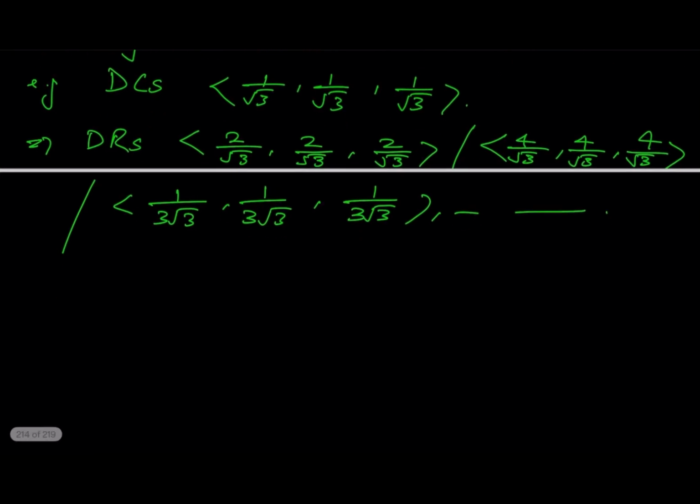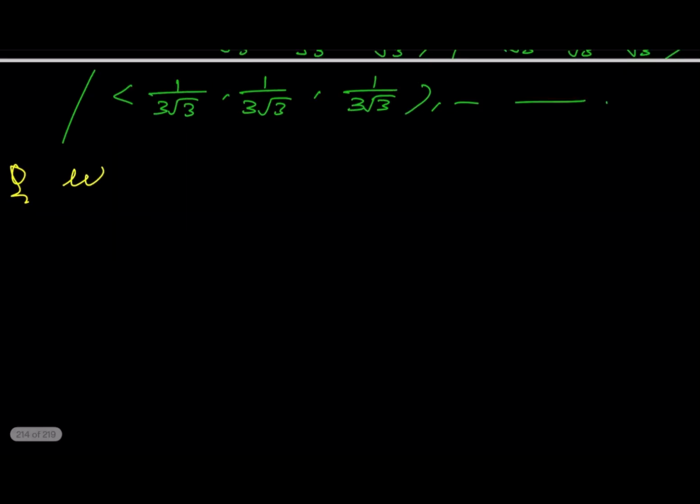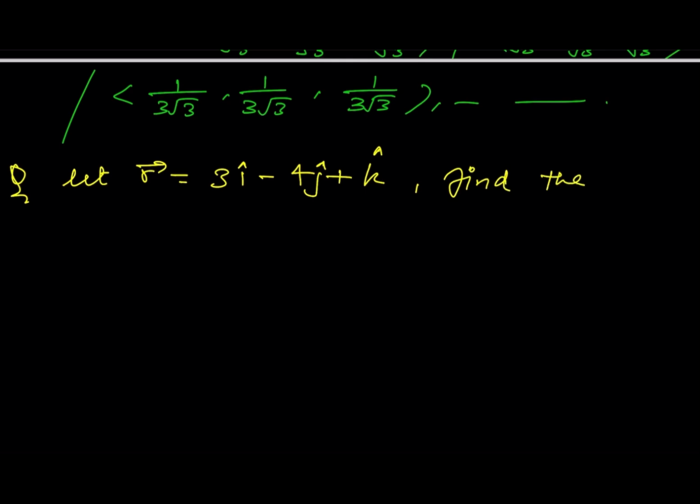Okay, now let us take a question. Let r vector is equal to 3i cap minus 4j cap plus k cap. Find the angle with the y-axis, right?